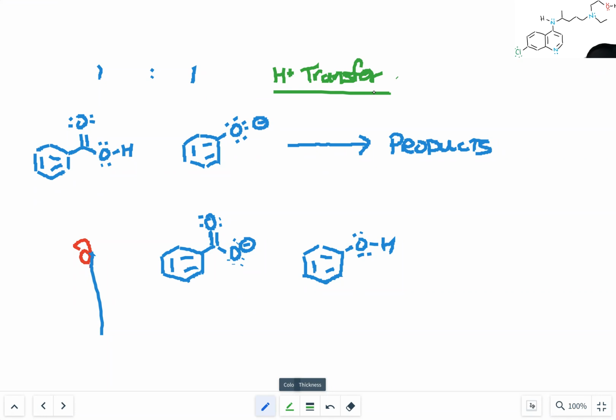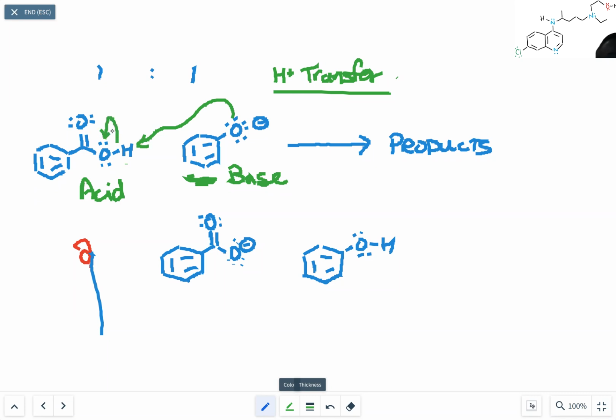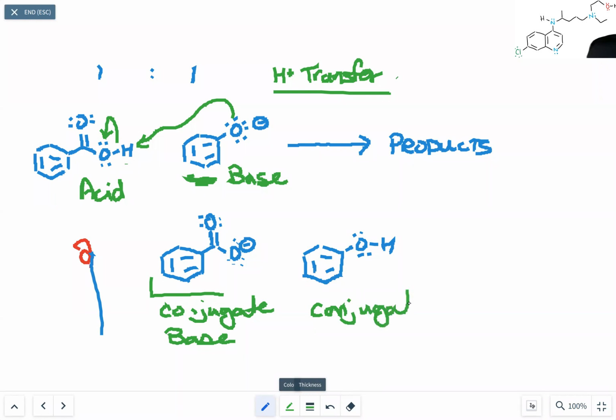So in this case, if we came to the conclusion that this molecule here was the base, because this molecule over here has an acidic proton right there, we could say, well, these electrons are probably going to come along and grab this proton, and those electrons are going to move there. And that's going to generate this compound here, which would be the conjugate base, and this compound over here, which would be the conjugate acid.